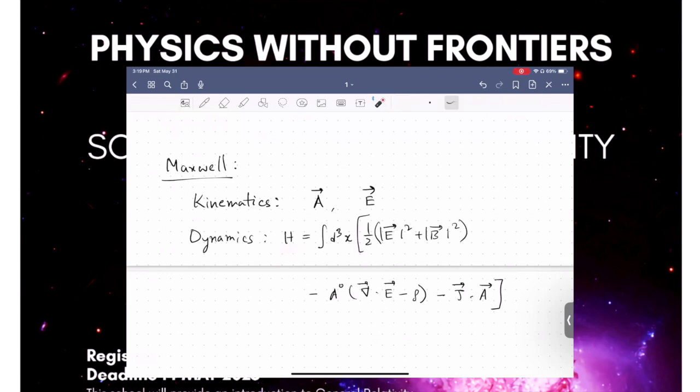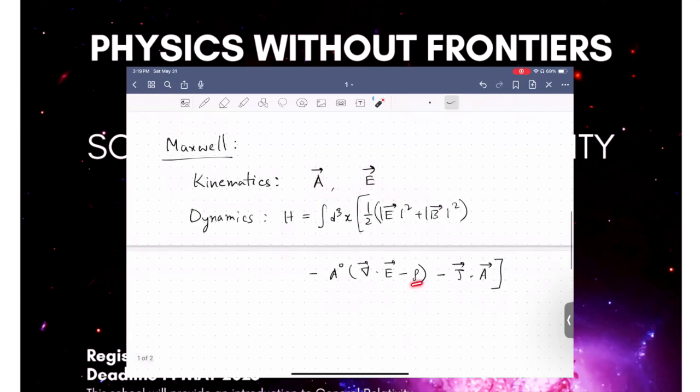So here, the Hamiltonian is a function, of course, of the variables that you use to describe your system. So this A will be inside this B, and also you explicitly see the time component of A. And this rho and J are some background currents and some background charges that can source electromagnetic fields.